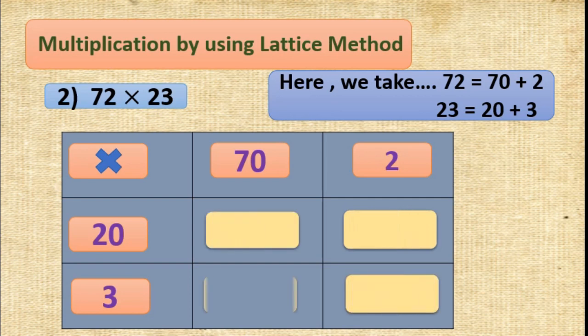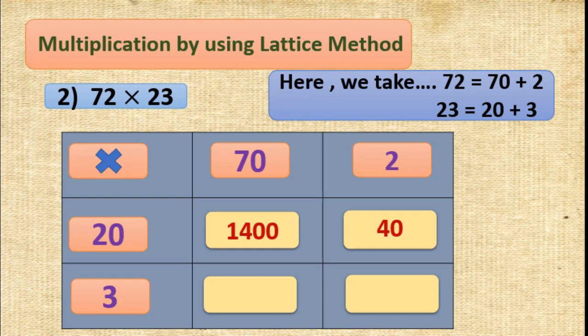Now you know, correct? What to do now? We will multiply 20 by 2, that is 2 2s are 4 and 0, that is 40. Now 20 multiplied by 70, that is 2 7s are 14, correct? And 2 more zeros. Got this, students?